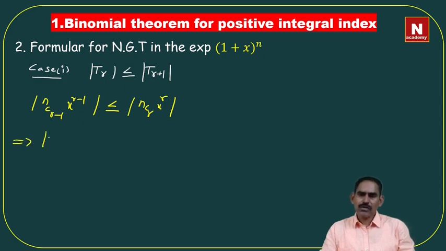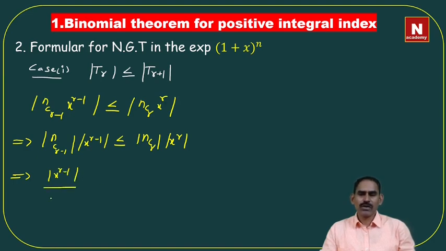This can be written as modulus of nC(r minus 1) into modulus of x^(r minus 1) less than or equal to modulus of nCr into modulus of x^r. Here this implies modulus of x^(r minus 1) divided by modulus of x^r is less than or equal to modulus of nCr divided by modulus of nC(r minus 1).